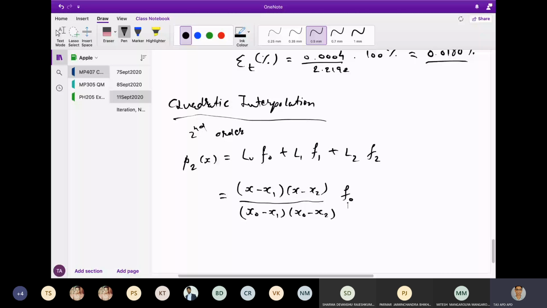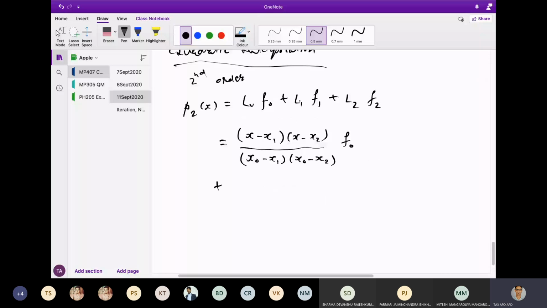And similarly for L1, you take the opposite two points: x minus x0, x minus x2, and you will have x1 minus x0, x1 minus x2, into f1.